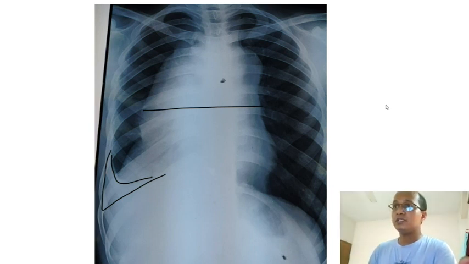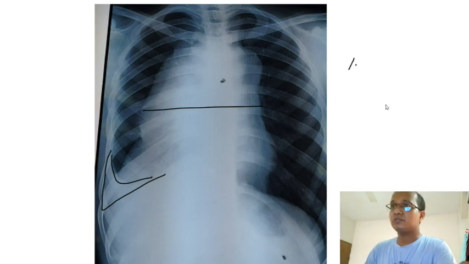So now the next important question will be, what is the diagnosis? When your teacher asks what is the diagnosis, the answer will not be a specific diagnosis. Actually you will say, I have some differential diagnoses. So what are the causes of mediastinal widening?